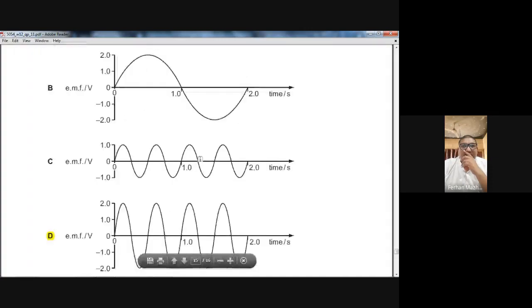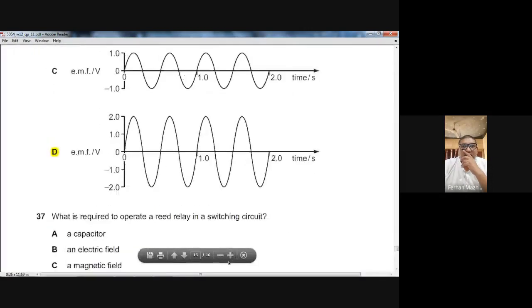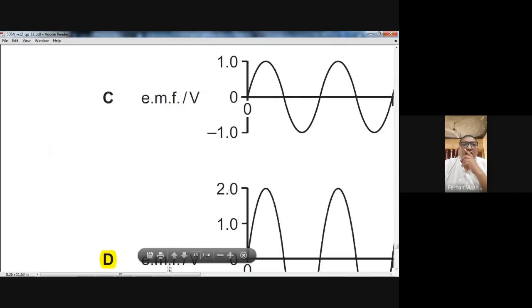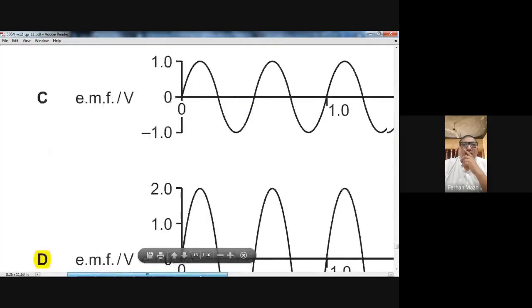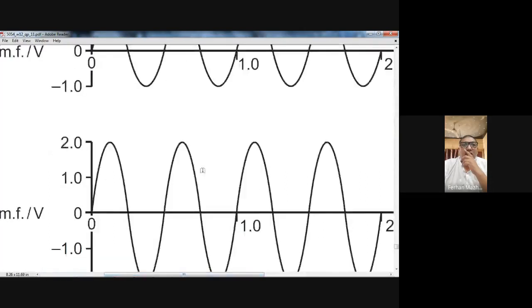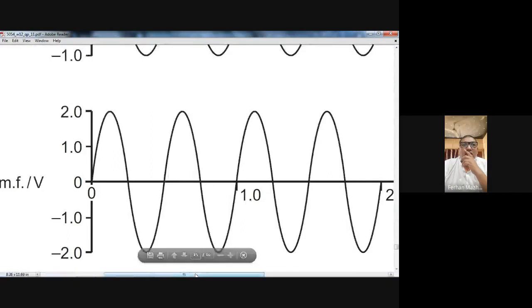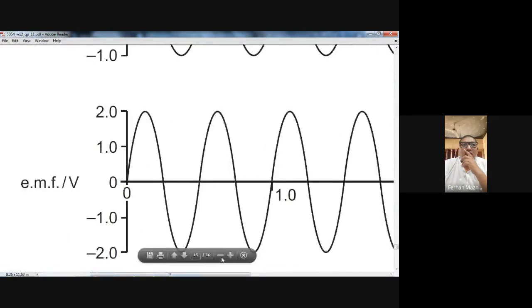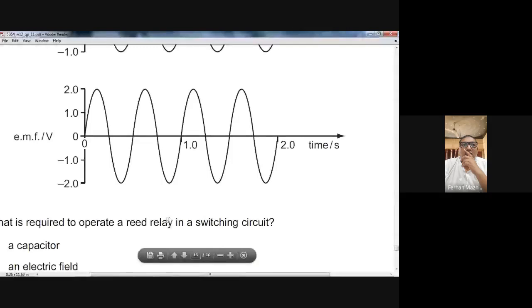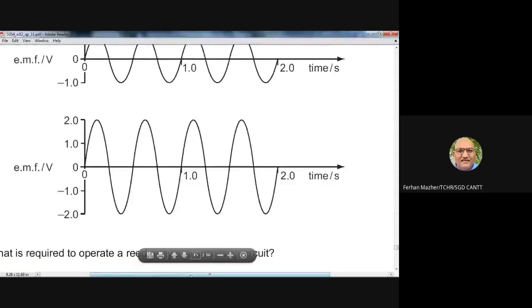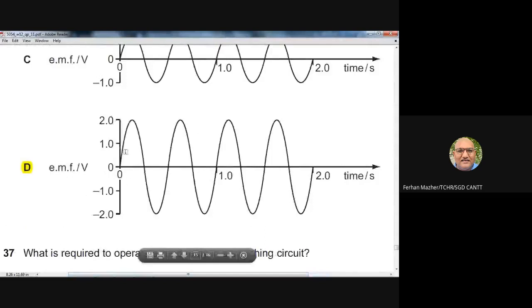You can see, this is D. Now the amplitude has become 2, and in 1 second now you can see there are 2 waves.